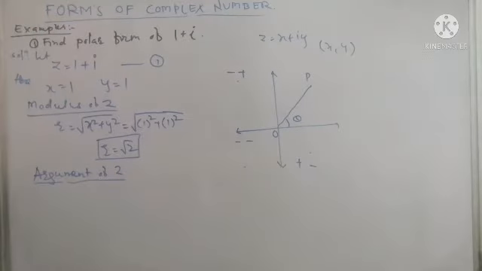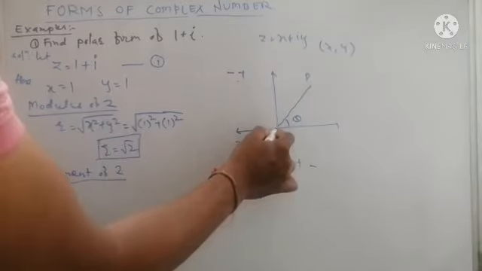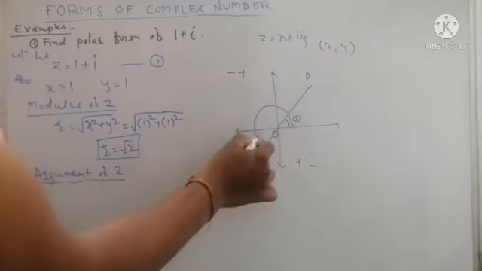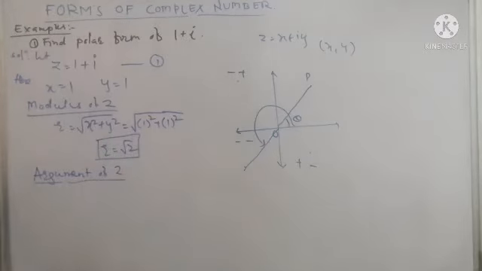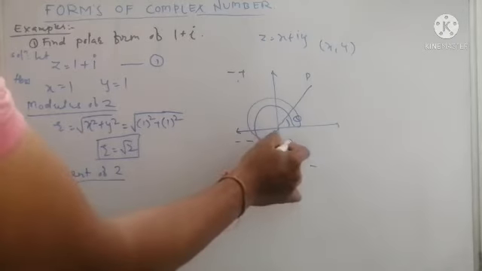As you can observe, if the point lies in the third quadrant, then the angle with the positive axis by this line is an angle which lies in the third quadrant, as it is more than 180. Similarly, if x is positive and y is negative, then it lies in the fourth quadrant.